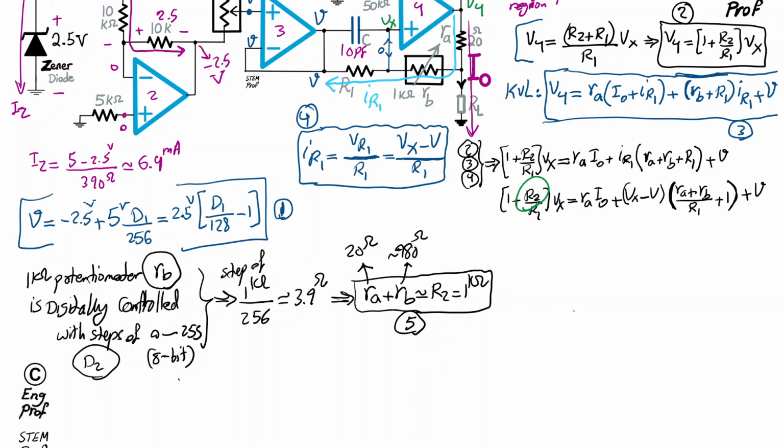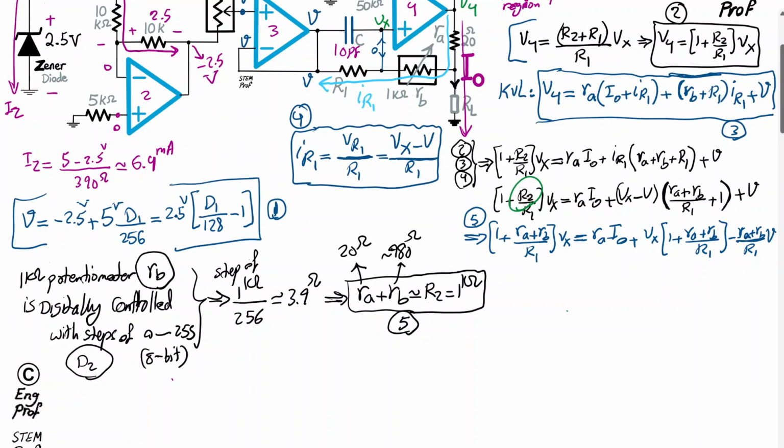So using equation 5, it's 1 plus RA plus RB divided by R1, times Vx, is equal to RA I out, plus Vx times 1 plus RA plus RB divided by R1, and then minus V. The plus V cancels out, and then we have minus V times this guy, so minus RA plus RB divided by R1 times V.